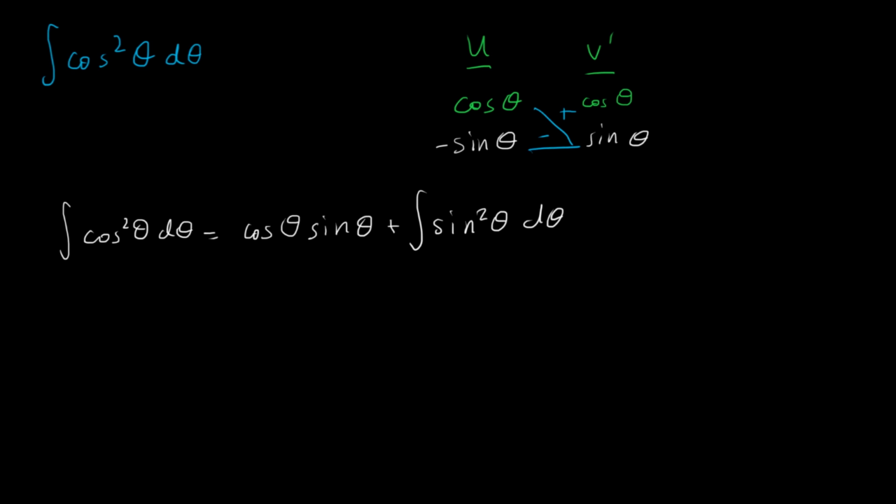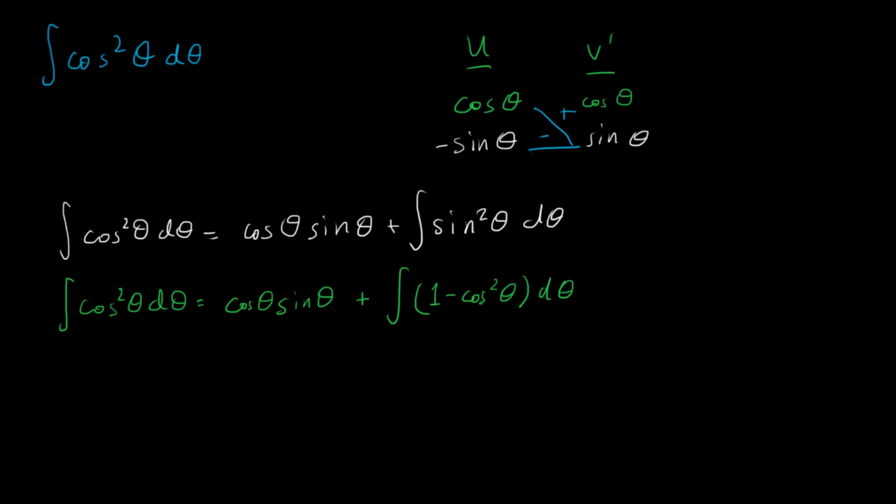So the integral of cosine squared theta d theta equals cosine theta sine theta plus the integral of 1 minus cosine squared theta d theta. And so we still have a cosine squared theta in there, and you'll see what we do with that in a moment.